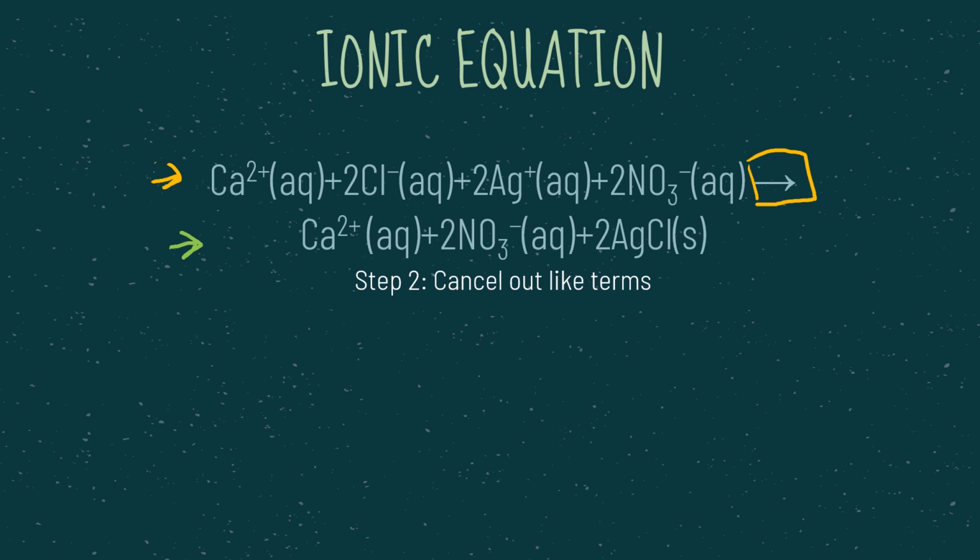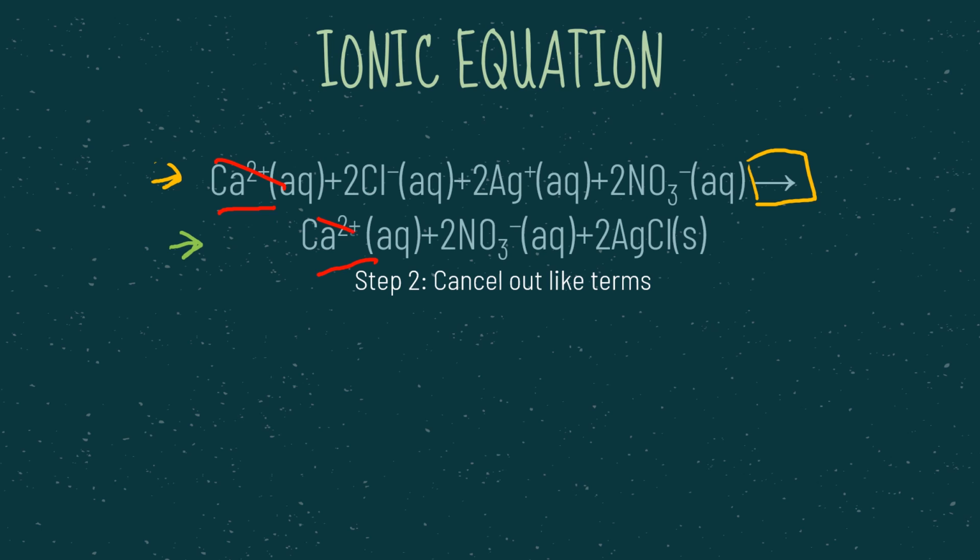Now we're going to cancel out like terms. Like terms means if we see something on the left hand side and we see something on the right hand side and they're exactly the same, we cross it out. So let's go term by term. Ca2+ on our left hand side, and there's another Ca2+ on our right hand side, so we can cancel it out.